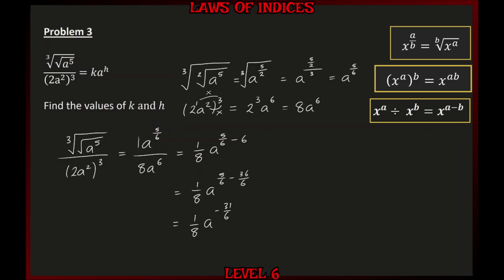And we know from the question that this is equal to k a to the power of h. So comparing the left and the right hand side here, we can see that k is equal to 1/8 and that h is equal to minus 31 over 6. And this is our final answer for problem 3.